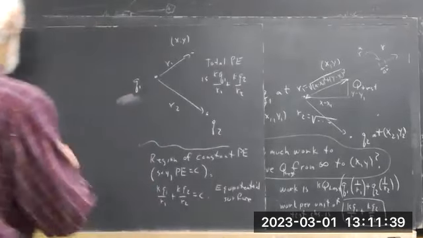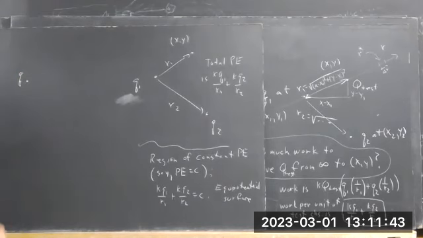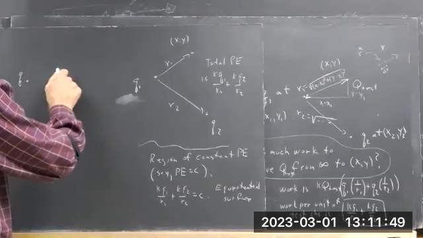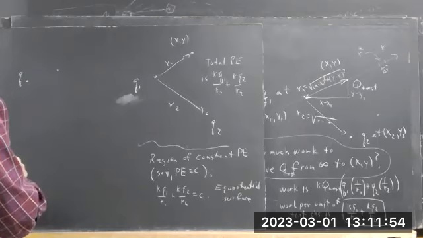Equipotential surface for a point charge. Let's say you've got a charge Q. Well, the potential is the same. Okay, so let's say the potential here.